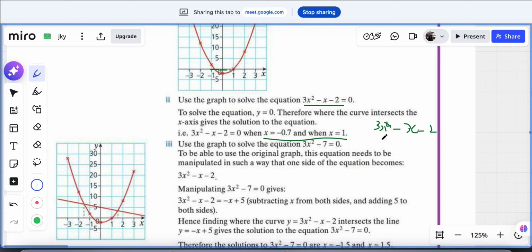This is the original equation. The second one is 3x squared minus 7.